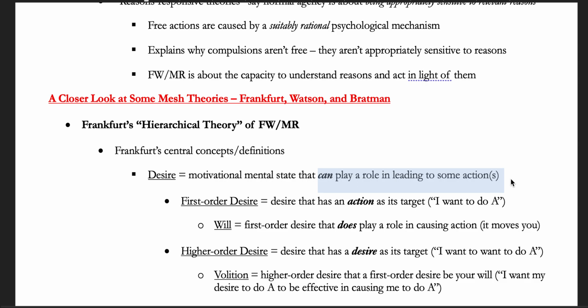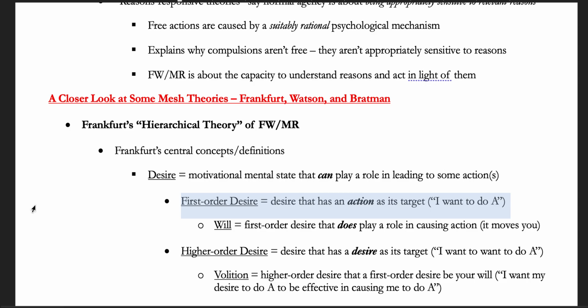If you desire to get something out of the fridge, and then you get up and go get something out of the fridge, at least sometimes or in a normal circumstance, having that desire is part of what moves you, motivates you, like literally causally moves you, you might think, to go do that thing. Okay, so desires are motivational. They help move you. They play a role in leading to actions. That's how we'll think of desires.